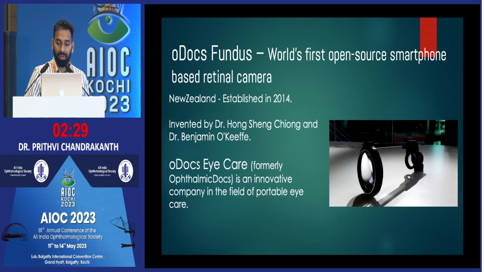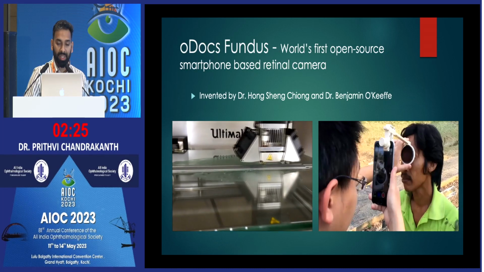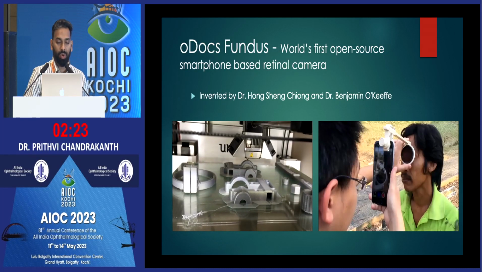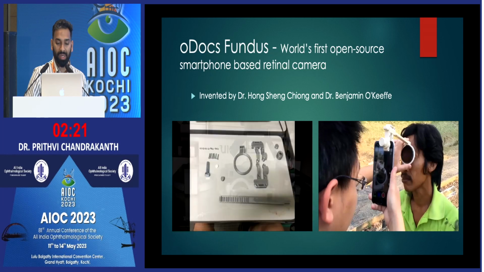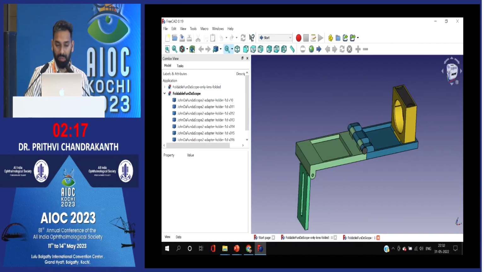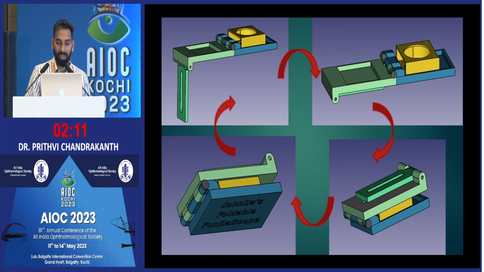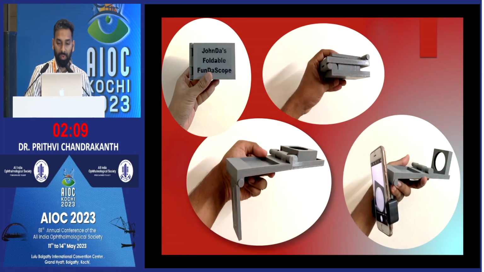There are fundus photography devices which can be 3D printed easily, and it would only cost you around 200 to 300 bucks to make this in the 3D printing laboratory. And we also have a foldable device made by Dr. John. It basically folds into a box, so it is easy to carry.